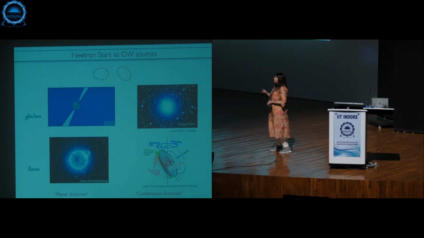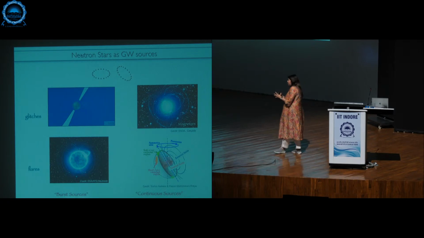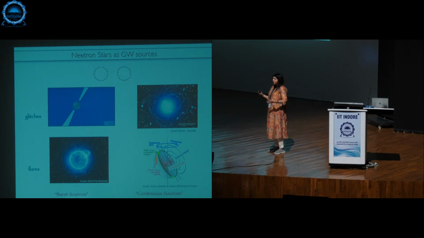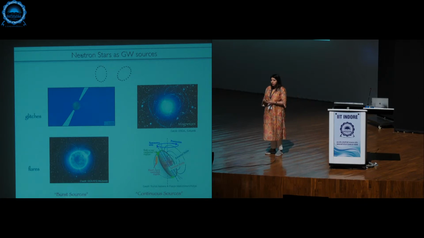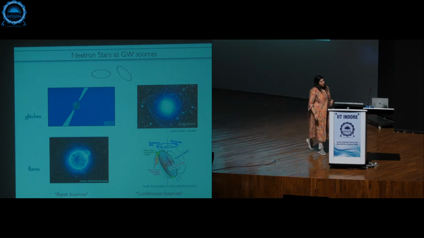If there are distorted neutron stars because of magnetic fields, these magnetars I was talking about would not be spherically shaped, but the extremely strong magnetic field would make them ellipsoidal, and that could also, when rotating, be a source of continuous gravitational waves. So basically any kind of non-axisymmetric perturbation in such systems could generate gravitational waves. And again, all of these properties are related with their internal structure.